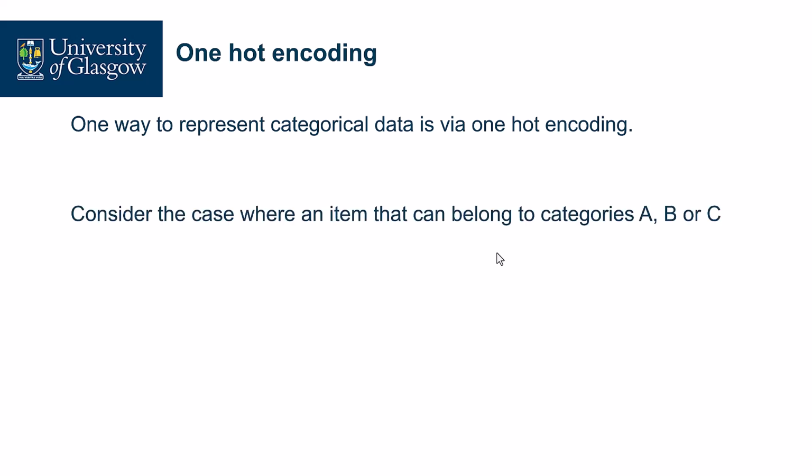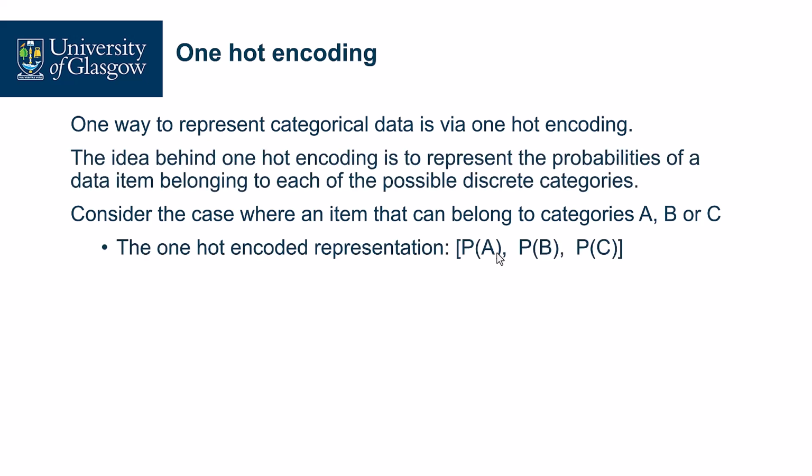Consider the case where an item can belong to 3 categories, A, B, or C. In one-hot encoding, we can represent the probabilities of an item belonging to each of the possible discrete categories. So we can see PA, P means probability: the probability the item belongs to category A, the probability of the item belonging to category B, as well as C.